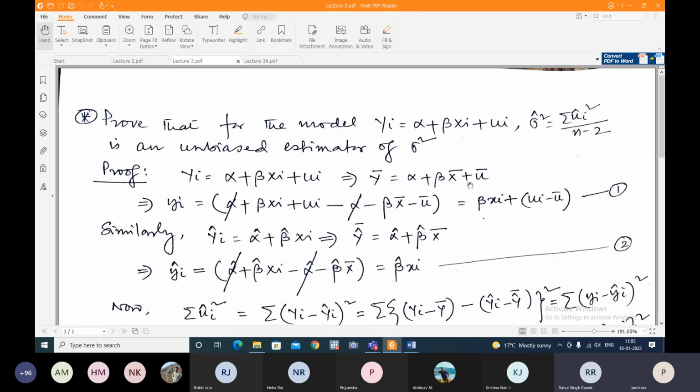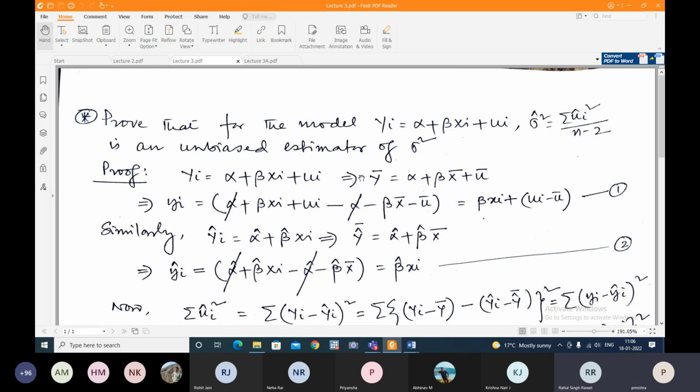Remember what I was telling just some time back: we are not considering that u bar is equal to 0. So what we are doing here is basically taking an average of yi, and that gives us y bar equal to alpha plus beta x bar plus u bar.